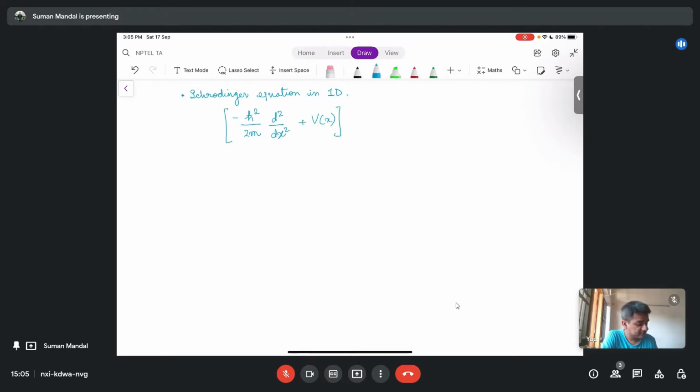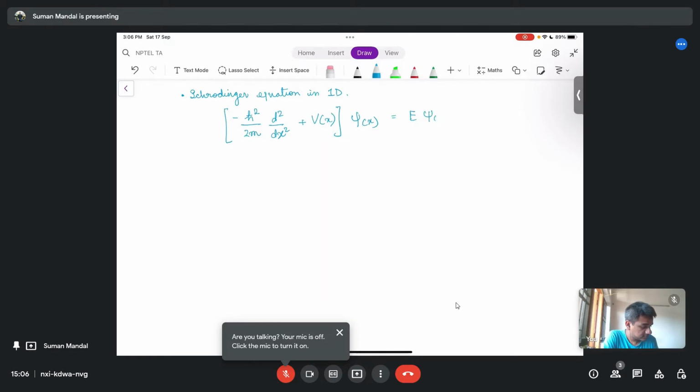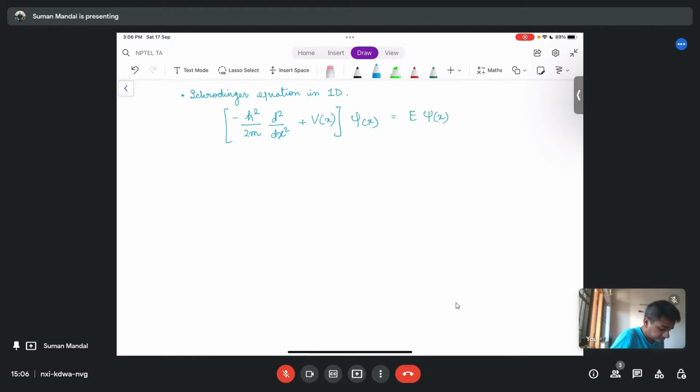Earlier we discussed that there is no proof for this formula. We have to use it as it is. It was given by Schrodinger. This is only in one dimension, the x-axis. And we call this the wave function.